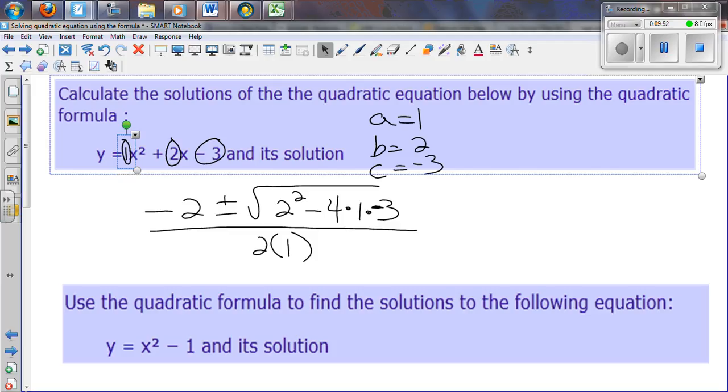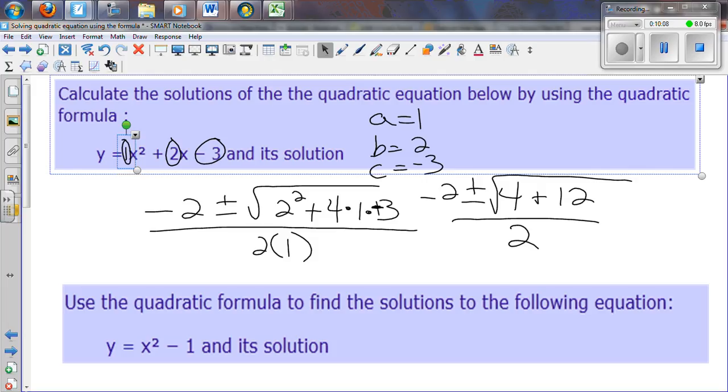And then let's do this calculation. So this is negative 2 plus or minus the square root of 4 plus, because negative times negative is positive, plus 12, all over 2. And then we have to continue with this, so we have negative 2 plus or minus the square root of 16 all over 2.